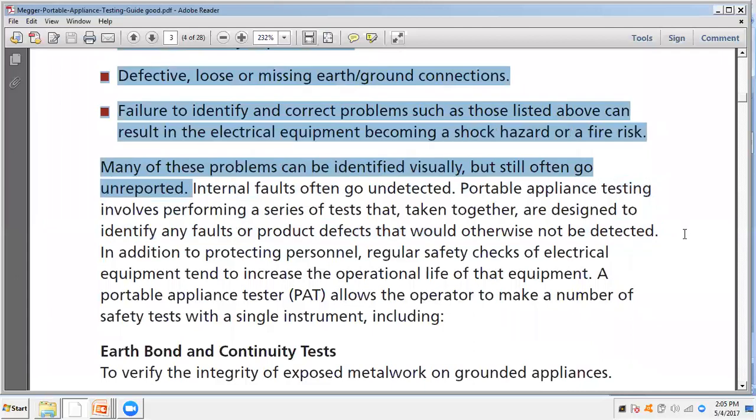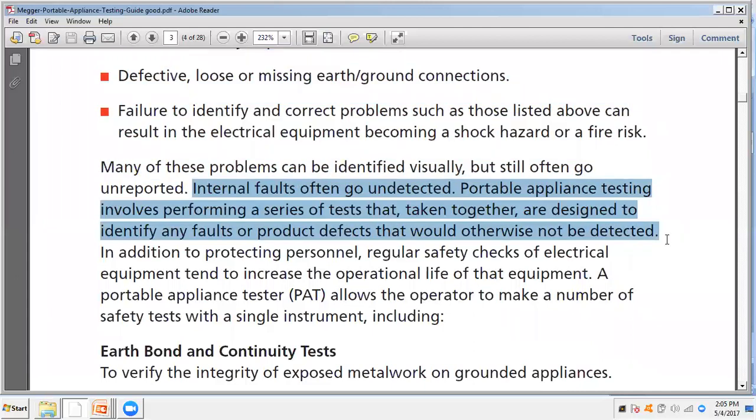So by doing this periodic portable appliance testing, if there is any problem in any electrical equipment, we can find it easily. If we do not perform this, someday a fire may occur or someone may get an electric shock. So to avoid all these problems, we perform portable appliance testing periodically.